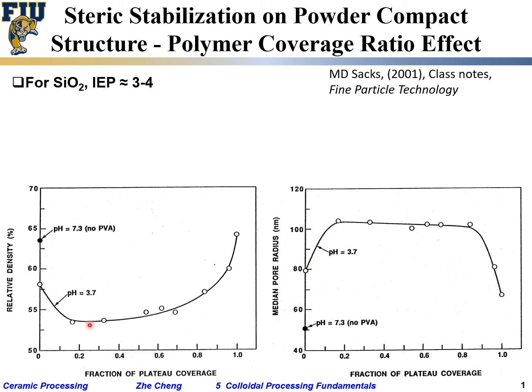Okay. On the other hand, if we continue to increase what? Polymer coverage. If we continue to increase polymer coverage beyond roughly 0.8, which means we are getting closer to full coverage, then we still have some of that entangle effect, but what is more dominating in this case is that the particles are fully covered.